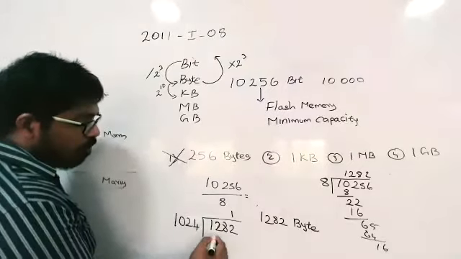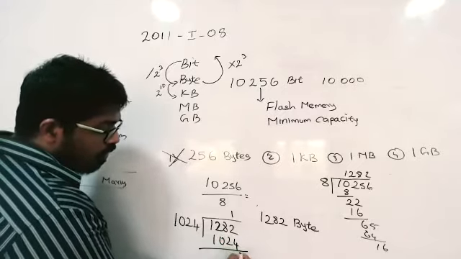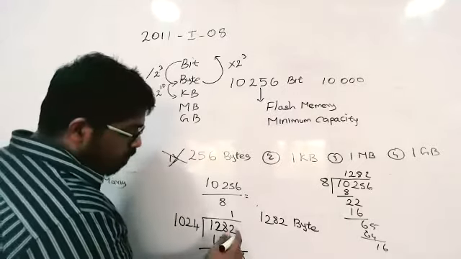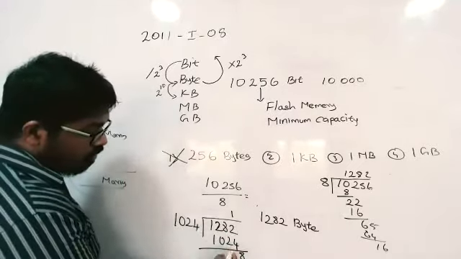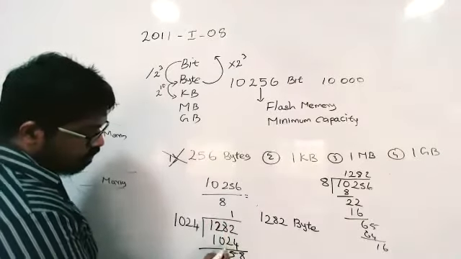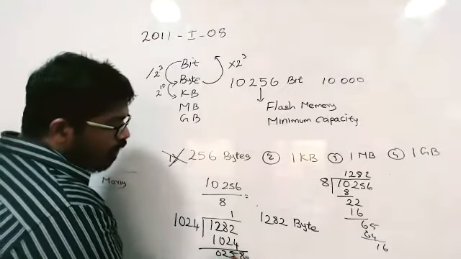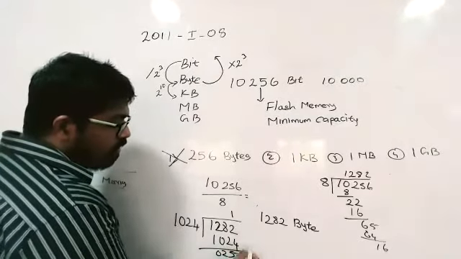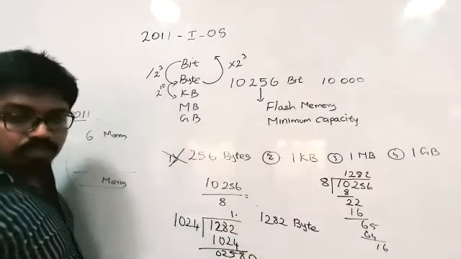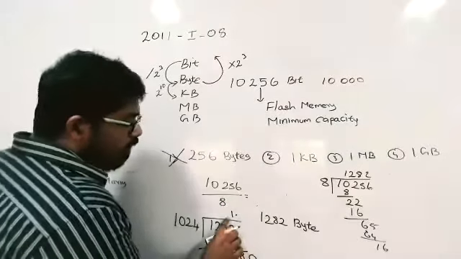You will have one time 1024, and the remainder is 258. So more than 1 KB is needed. Why?